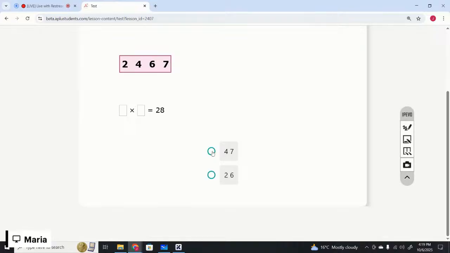Okay, so which two numbers have the product 28? That is 7 times 4 is 28.